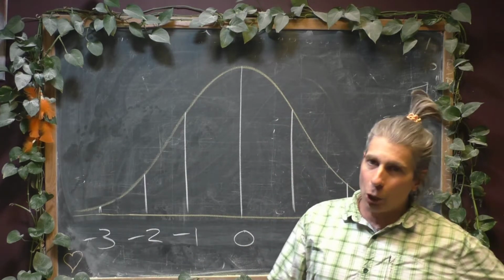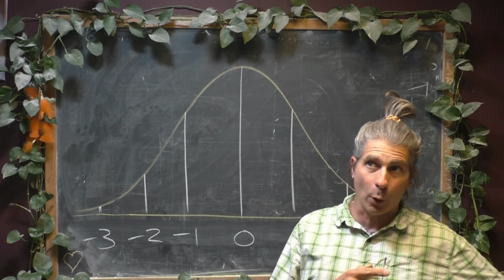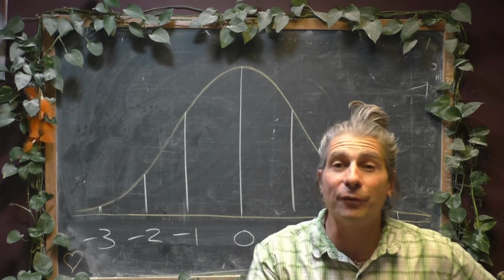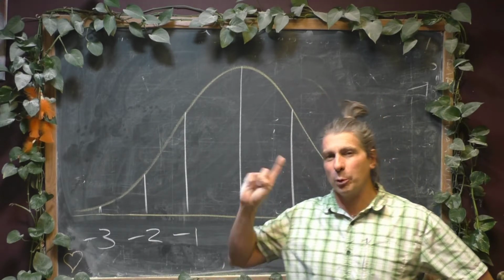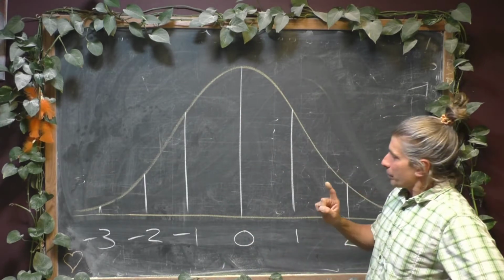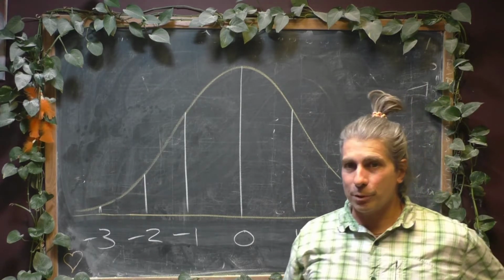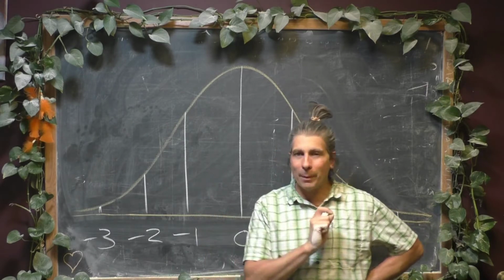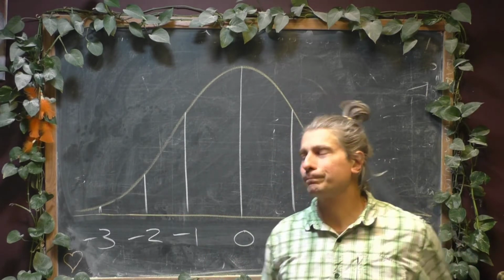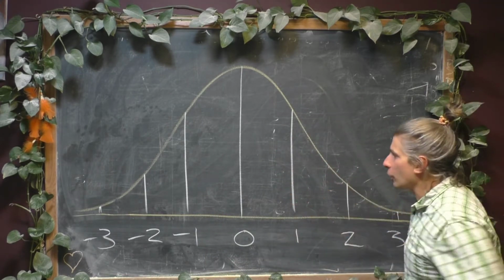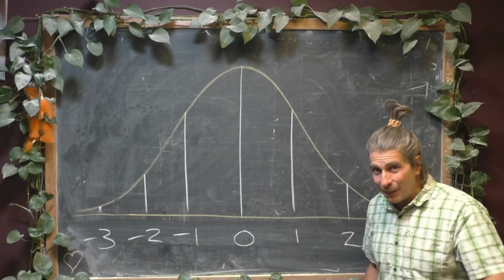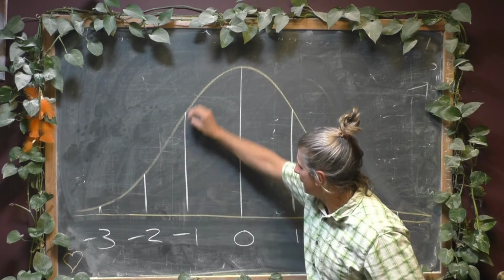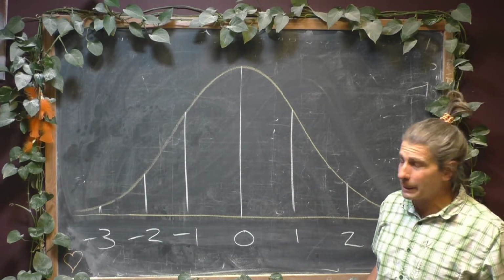There's one thing that I glossed over yesterday, and I'm going to offer as optional videos if you want to watch them today. I'm going to put them at the end of this playlist. In any good probability distribution, as you remember, the sum of all the probabilities has to be 1. When you look at this curve, we already discussed the probabilities are the heights above this horizontal axis.